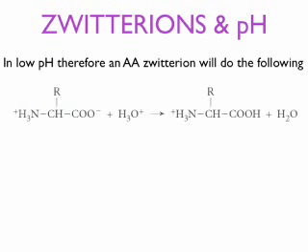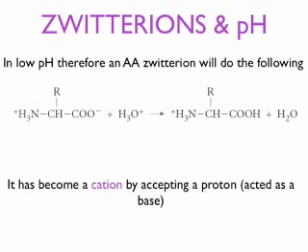On the left, you've got a Zwitterion. It's charged with a dipole, H3N+ on the left, COO-. You put that in an acidic solution, the H3N+ will keep its proton, and the carboxylic acid, because it's a weak acid, can take back a proton from solution, and you end up with an overall charge.